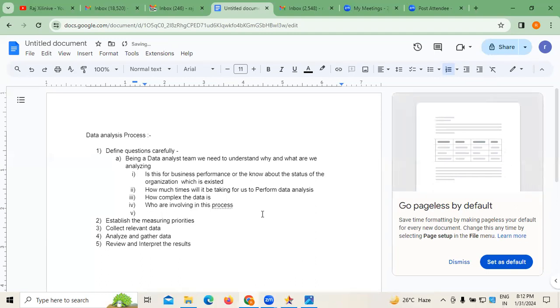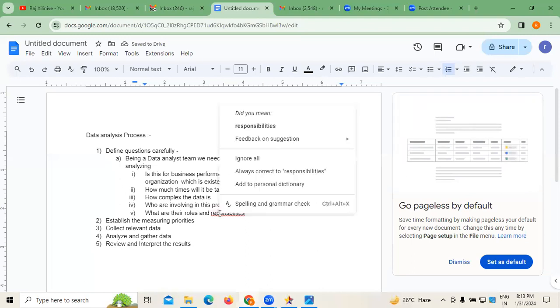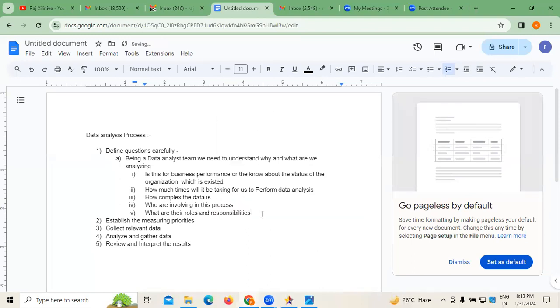Next, what are their roles and responsibilities? Because as I stated in the beginning, it depends on the profile and the experience people carry, so whatever roles and responsibilities they manage will be different.